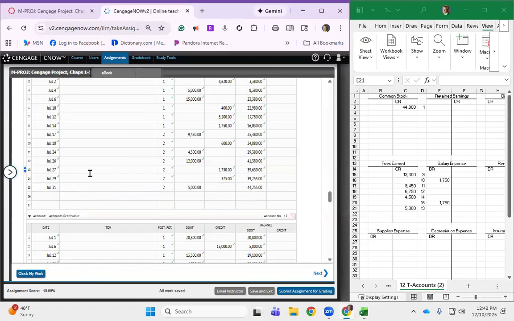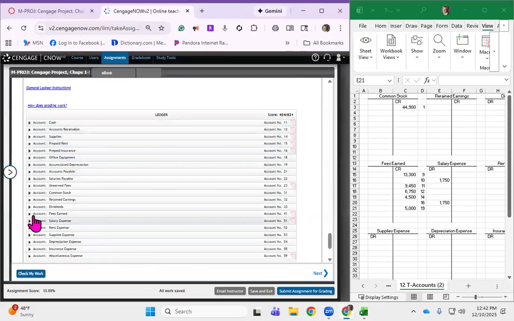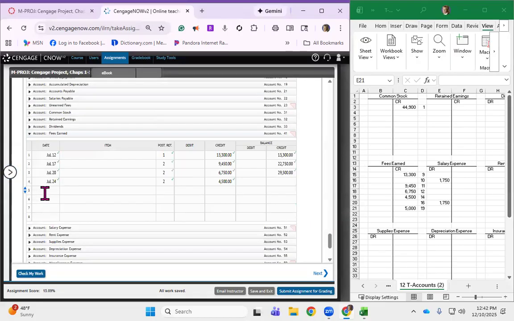Okay, now we want to go to fees earned. This is the last, so we have 4 prior to now. So let's put July 31st, page 2. So far, we've only had credits to the revenue account.